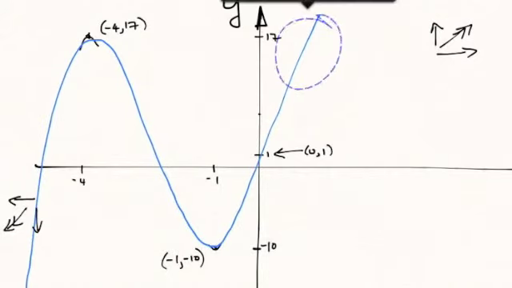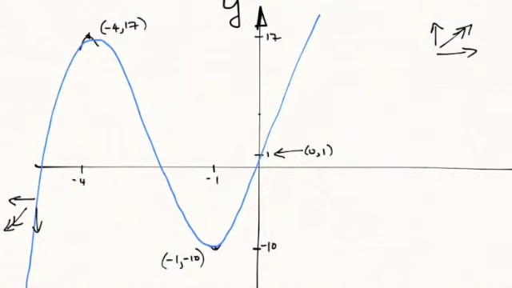As you can see, the curve crosses (0, 1), has a minimum at (-1, -10), has a maximum at (-4, 17), and as x approaches positive infinity, y approaches positive infinity. That is clear from the curve. And when x approaches negative infinity, y approaches negative infinity as well.